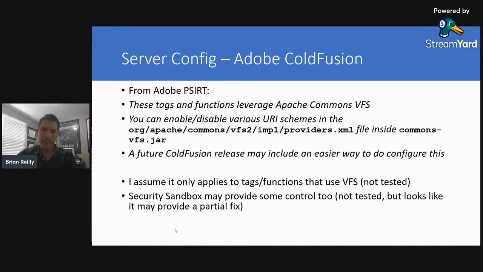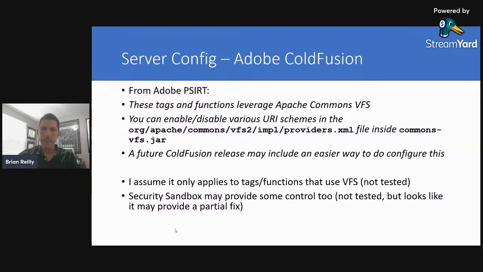PSERT's response was that these tags and functions use Apache Commons VFS, so virtual file system. And so there is an XML file inside of a jar file that you can go in and edit to enable and disable various URI schemes.